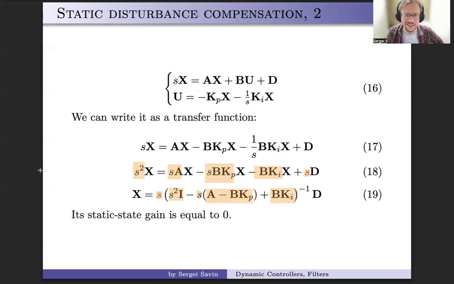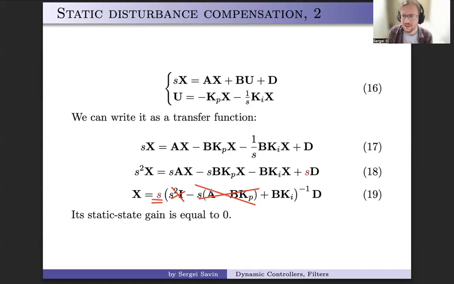All right. Now, time to analyze. What we are going to do is compute static steady state gain, right? So first of all, everything that contains S goes towards 0, right? So this goes towards 0, clearly. This goes towards 0, right? But there is also this guy.